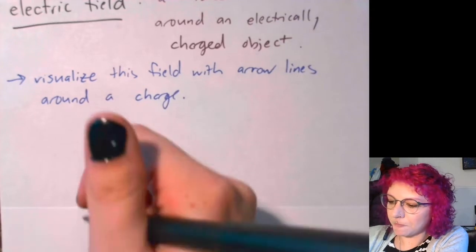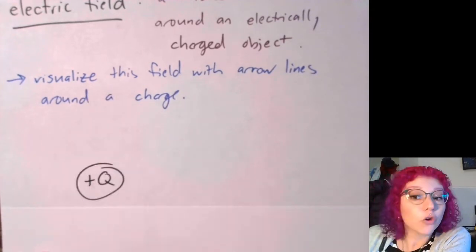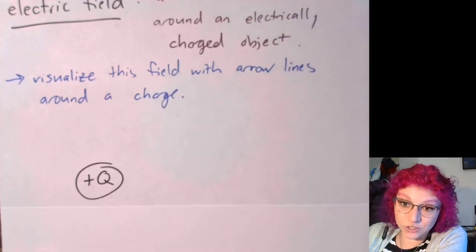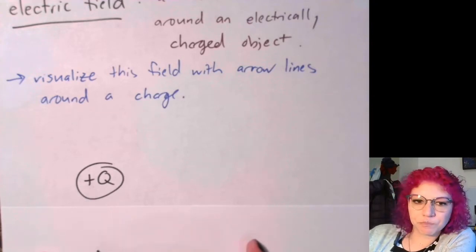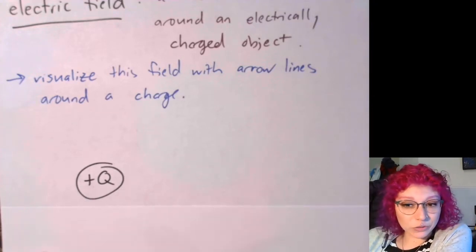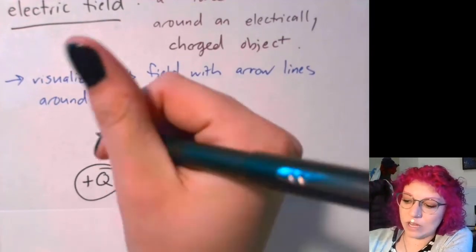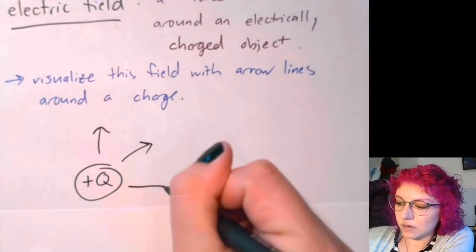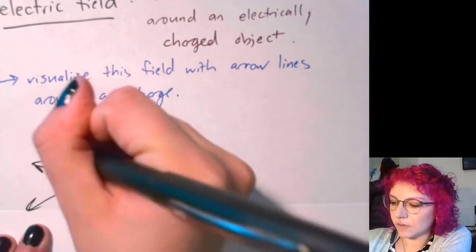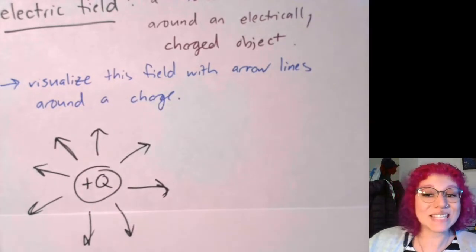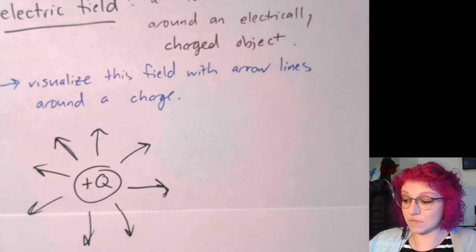Let's say we have a positive charge, Q. Remember, in Coulomb's law, we used Q to represent the charge. Let's say we have a positive charge here. The electric field around it, we visualize with arrow lines. So arrow, arrow, arrow. This is how we visualize it, and this is what you started to see in that online lab.